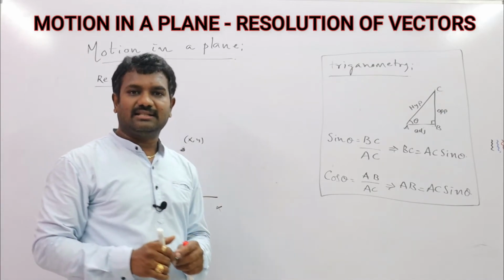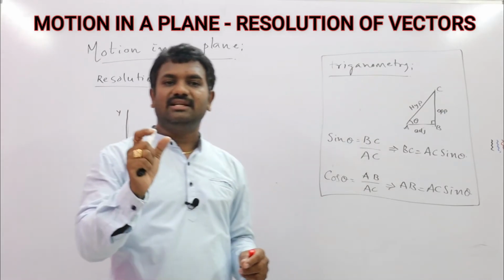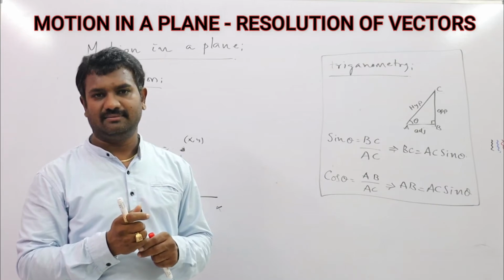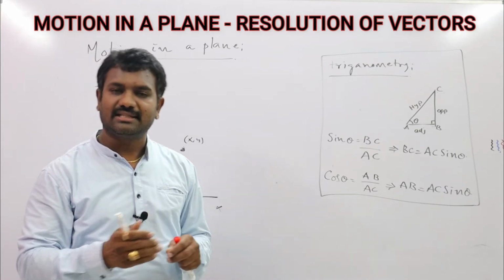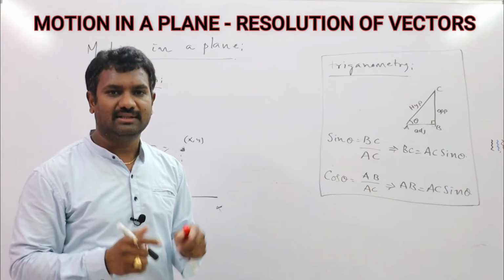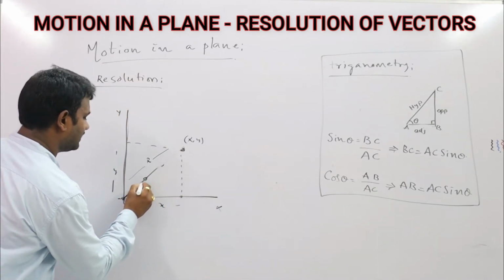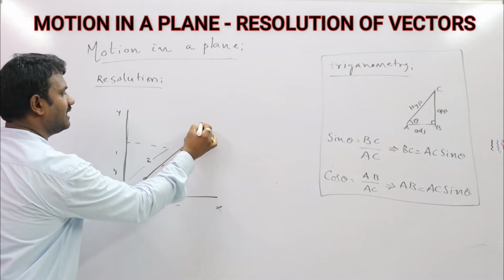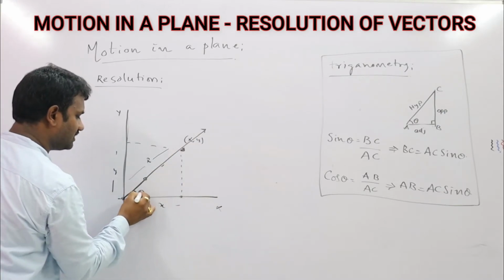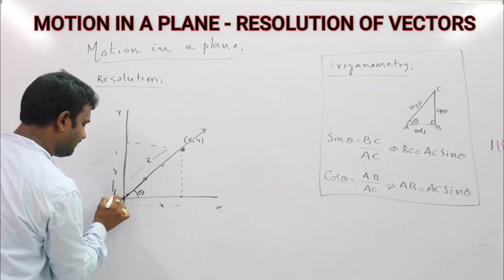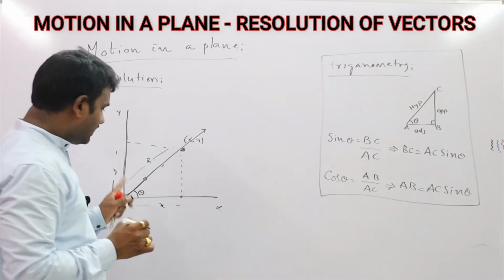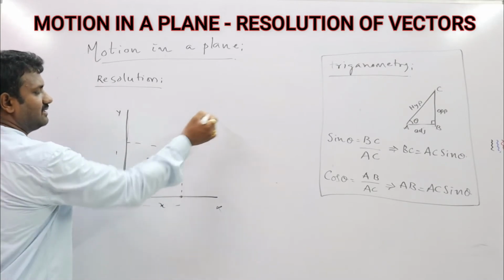In this particular case, I am going to split my velocity into two components, x component and y component. So let's see what this is. If an object is thrown like this, making an angle theta with the horizontal with an initial velocity of u, because of this u it is moving like this.